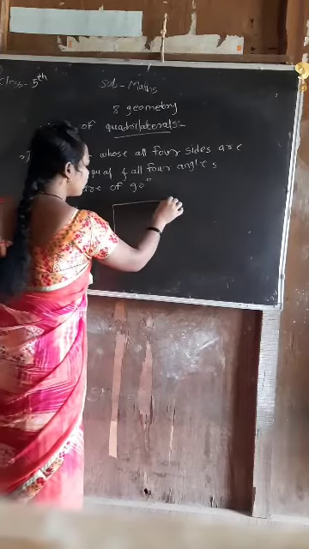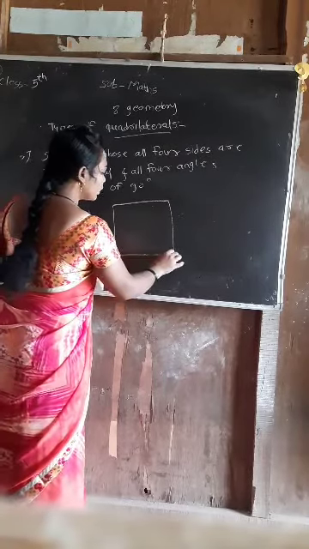We draw one square having four sides equal.